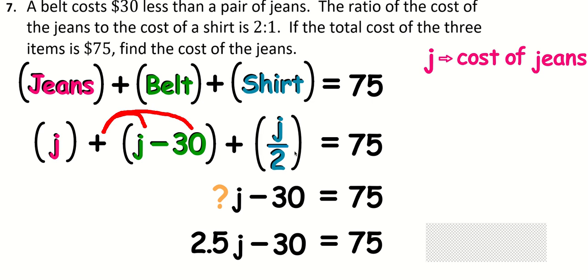Combining all those like terms together, and then the minus 30 drops down, and then from here we just got to add 30 to the other side, and then divide both sides by 2.5 to eventually end up with J equals 42, meaning that the jeans cost $42.